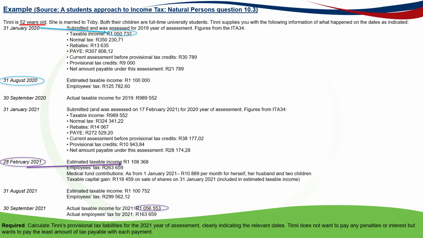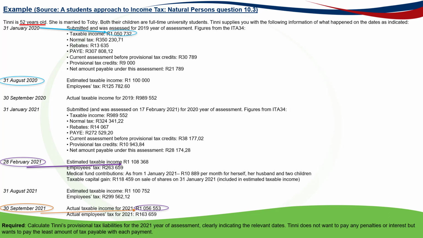As the taxpayer's actual taxable income for the 2021 year of assessment exceeds 1 million, it is 1,056,553, and therefore the minimum amount is the lesser of the basic amount, or 80% of taxable income.